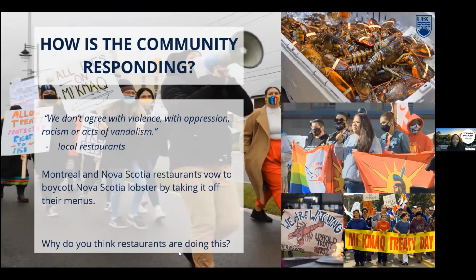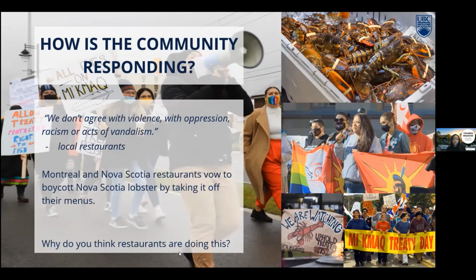It is important to note that lobster exports from Nova Scotia are delivered to more than 60 countries and account for about 1.2 billion in revenue. The non-Indigenous fishing industry is a major contributor to the economy, which risks undermining the inherent rights, needs, and way of life of Indigenous people for capital.